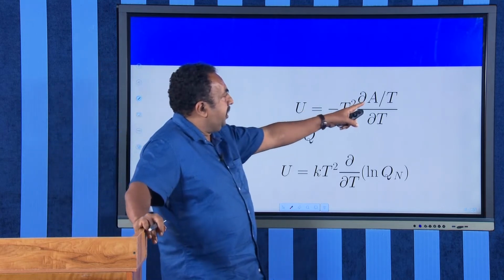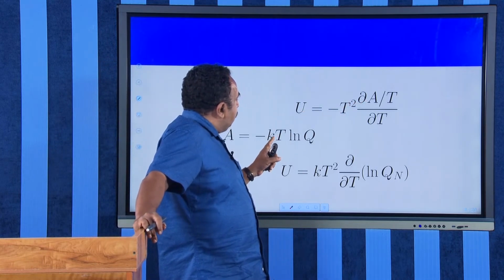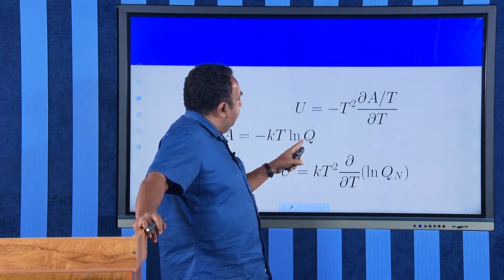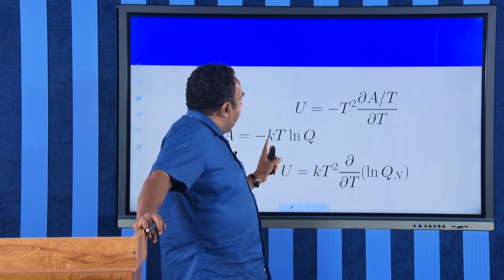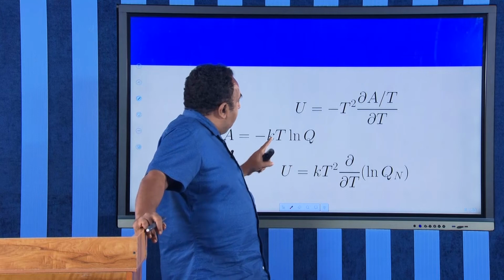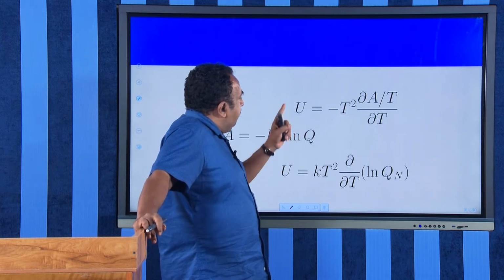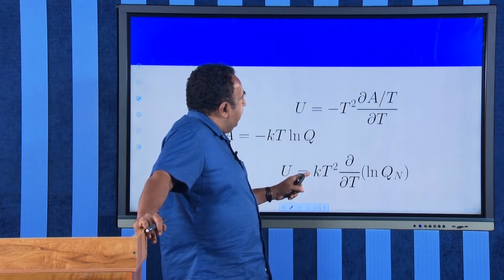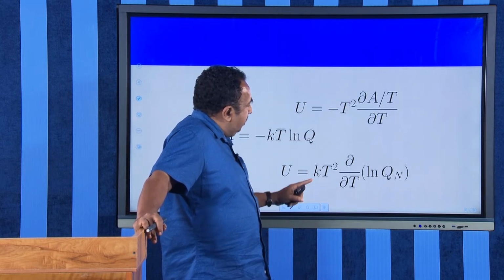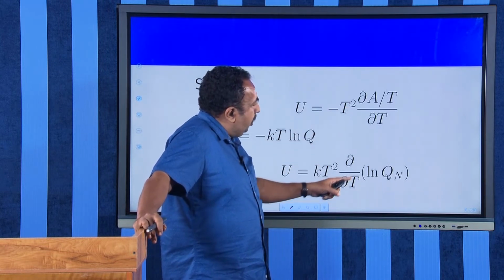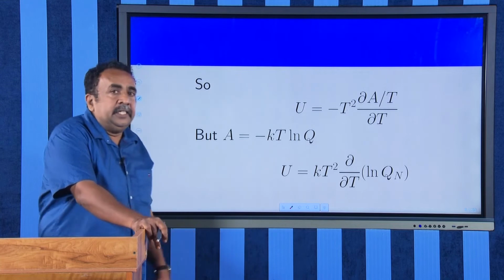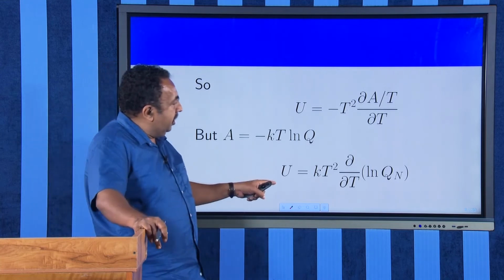Therefore, I can substitute that A is equal to minus K T log Q n. Then T and T cancel, the minus sign comes outside, and it becomes plus K. I can take K outside, T square is already there. Therefore, K T square dou by dou T of log Q n. This is the expression for internal energy.